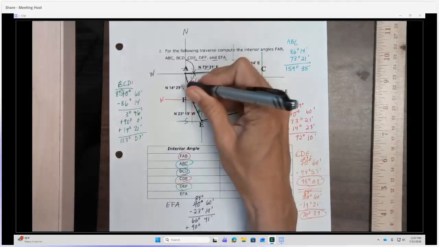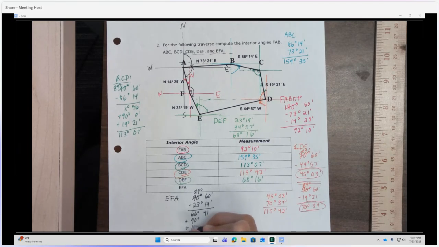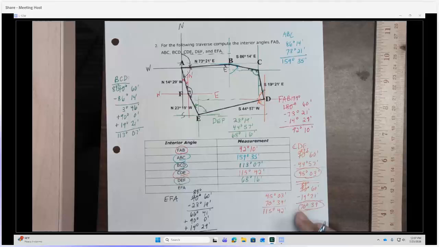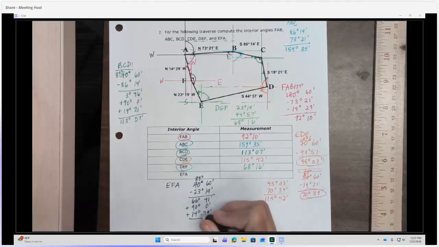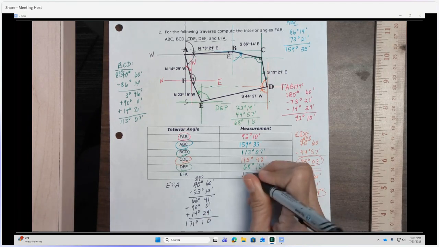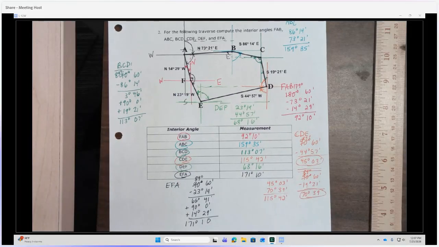And then I'll add that to that little piece from that other bearing, that 14 degrees, 29 minutes. Put a 0 there just to hold the place. And when I add those all together, again, I'm going to have to carry that 6 into the next. So that's going to become 0, 1, and then this will become 171 degrees. So 171 degrees and 10 minutes for that last EFA.